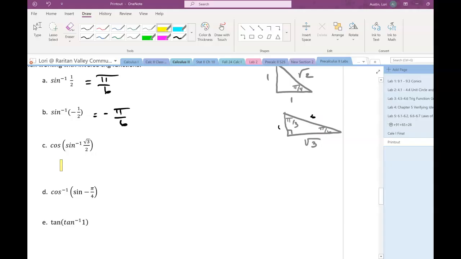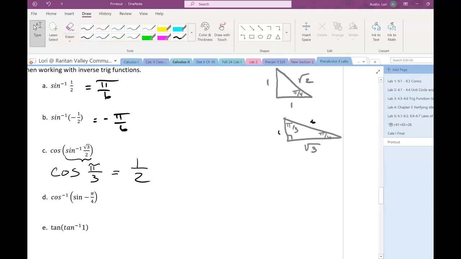It's positive, so you don't need to worry about reference angles or what quadrant it's in. It's just going to be in quadrant 1. So cosine of this is now cosine of pi over 3. Sine was square root of 3 over 2, but cosine is 1/2. Done.